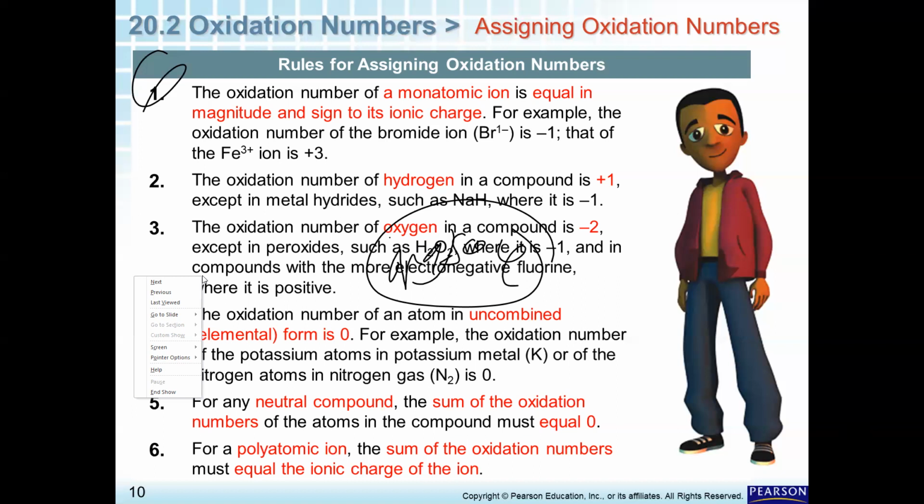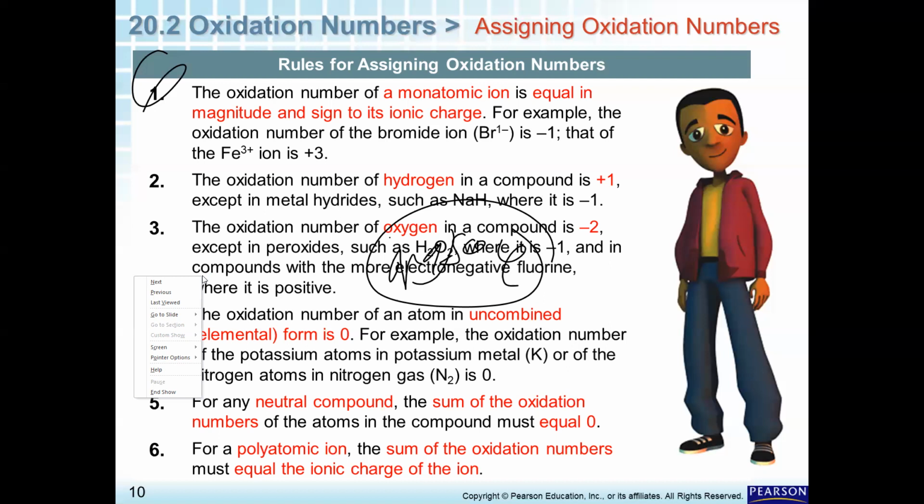But whenever it is a diatomic molecule like O2, that is a 0. Cl2 is a 0. N2 is a 0. H2. All these diatomic molecules are all assigned a 0. The same goes for other elements, copper, iron, silver, chromium, if it is an element. But if it is in a compound, then that's a different story. So as it says here, the uncombined element is 0.